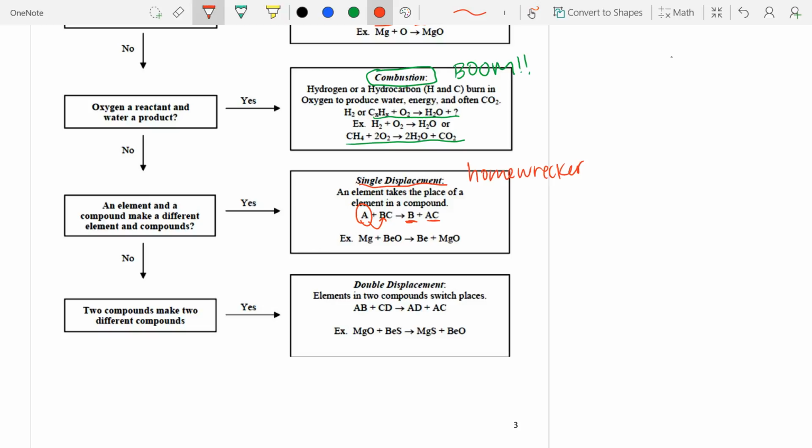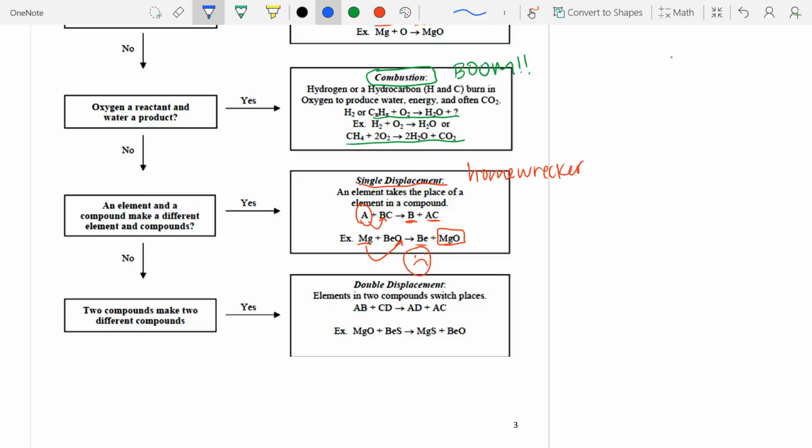For example, magnesium comes in here and steals oxygen away from beryllium, and now beryllium's all sad. Sad beryllium, he's by himself, and magnesium is now a couple. So they've swapped places there. And it was a single displacement because one thing is still single, by themselves.